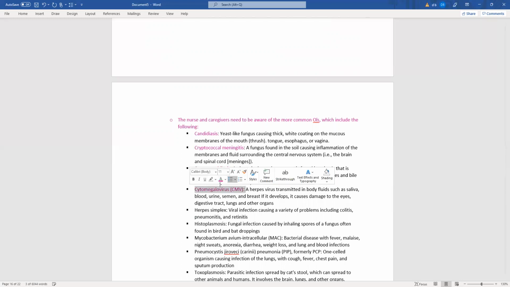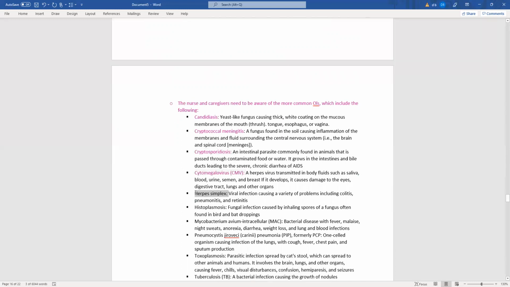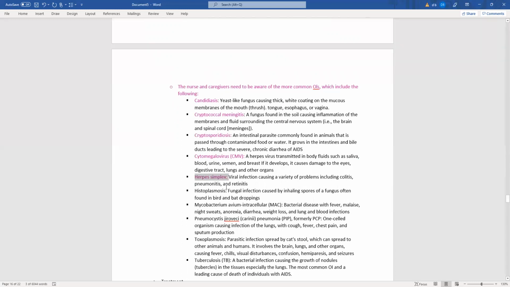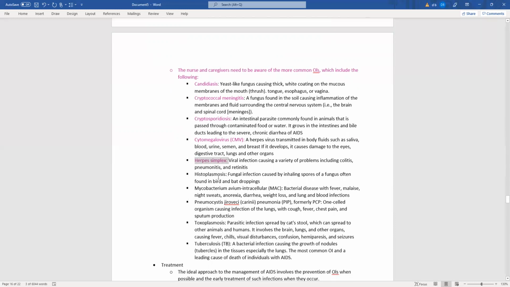Herpes simplex, histoplasmosis, mac and cheese, but that's not mac and cheese.